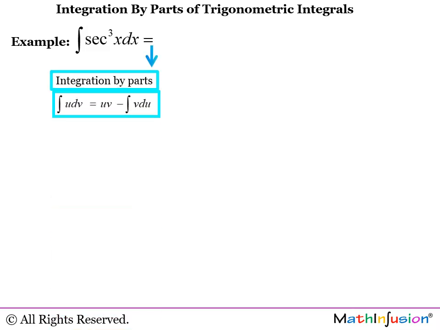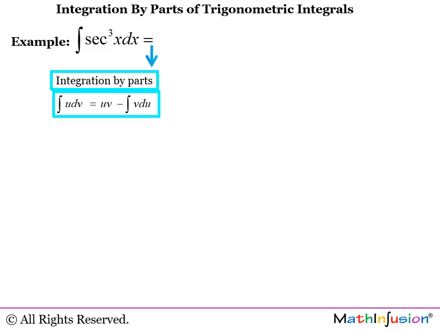Recall integration by parts. I need to split the secant cubed x dx into two parts. One is going to be the u and the other will be the dv. It's screaming at me that secant squared x dx is going to be the dv, because we know that the derivative of tangent x is secant squared x.